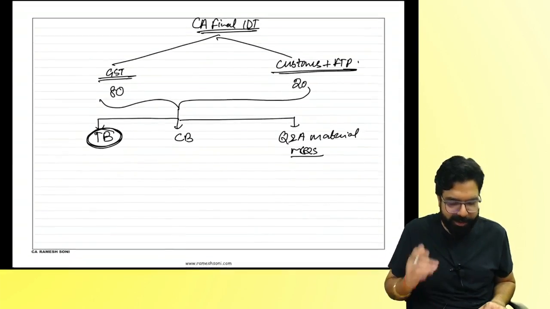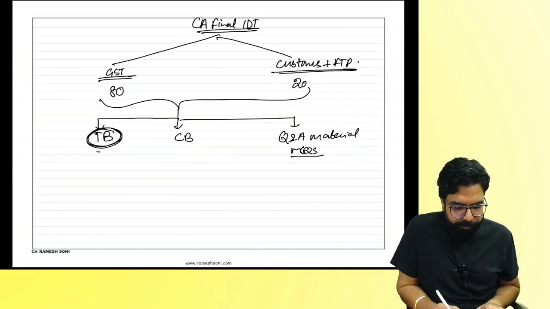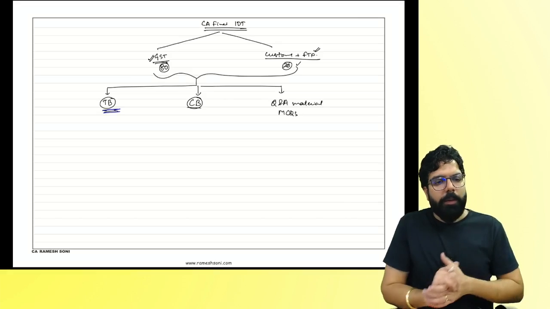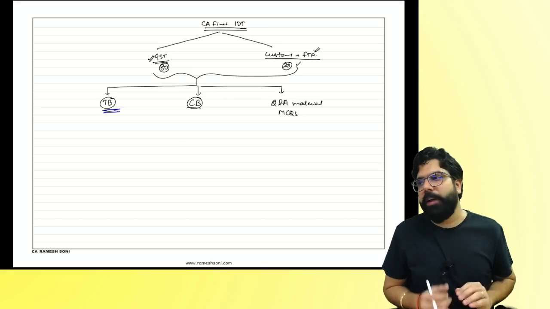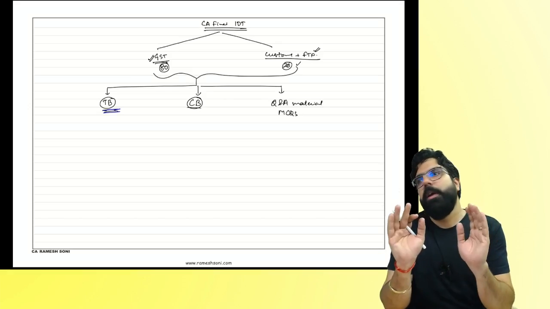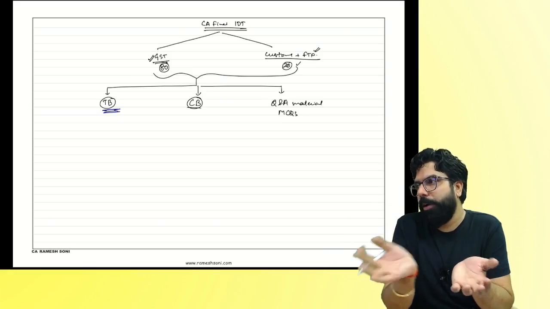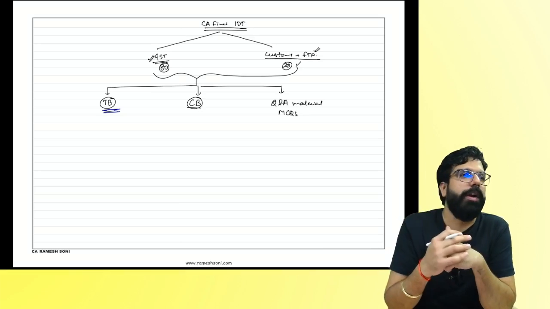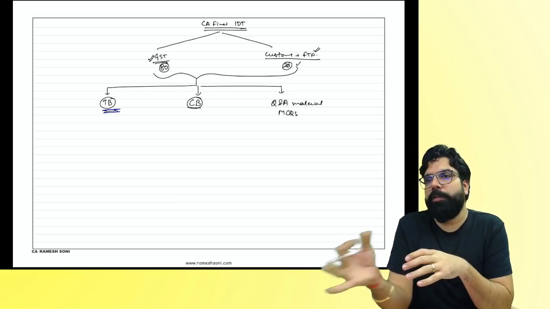Done, sir. This point is clear. Now, many times students tell me, sir, is the textbook as per the ICAI syllabus? Baba, I have gone ahead and checked the complete ICAI material. The ICAI material is approximately 2200 pages for your GST and customs.